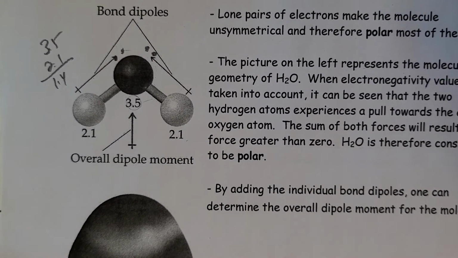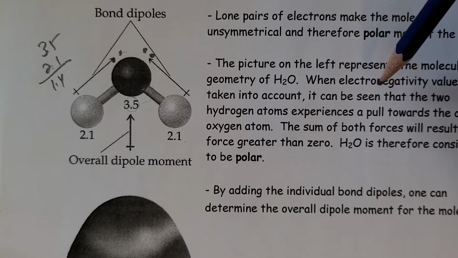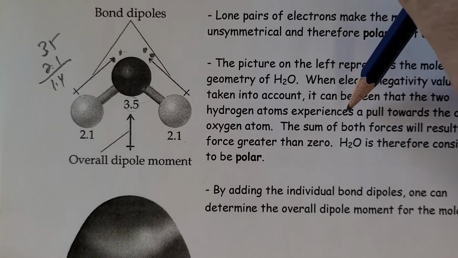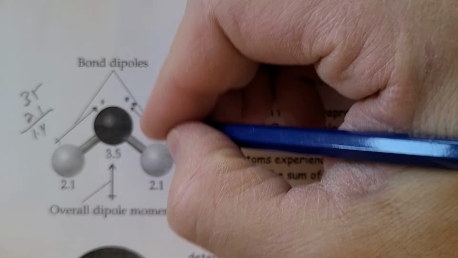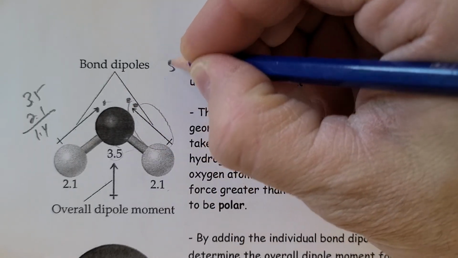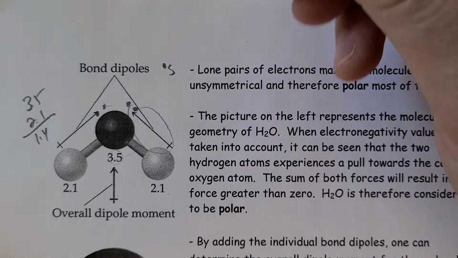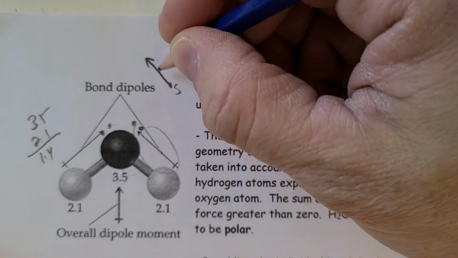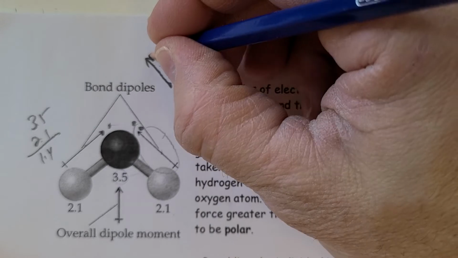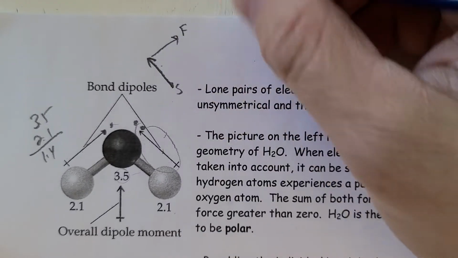When electronegativity values are taken into account, it can be seen that the two hydrogen atoms experience a pull towards the oxygen. Now here, because it's a bent shape, if I was to start here, even if you didn't take physics, you can see how this vector addition works. We have this arrow pulling up in this direction, then this arrow pulling up in this direction, so that's our final.